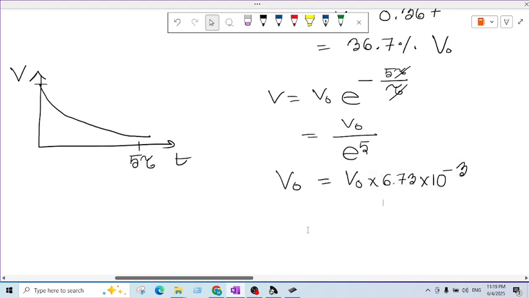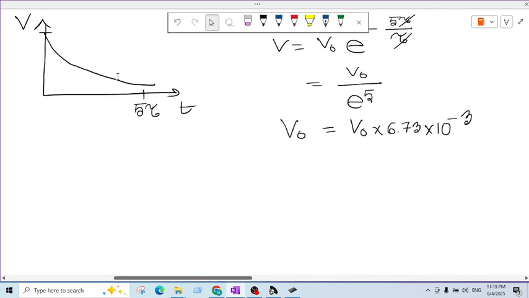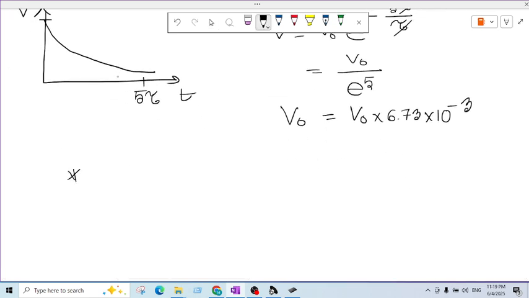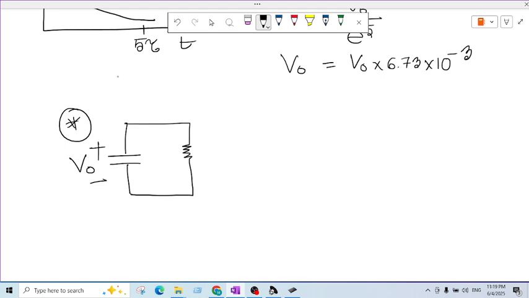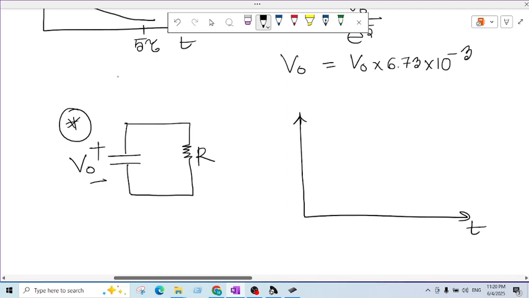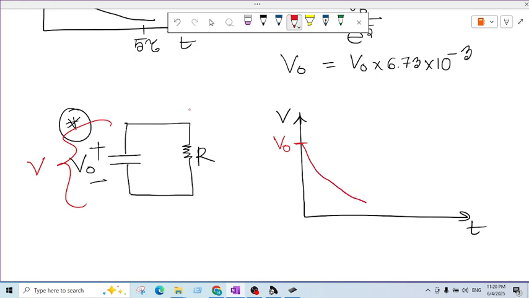Okay, let's give a practical example here. Let's say the capacitor has initial charge V0 and it is connected with a resistance at time t equal to 0. If I draw a graph of the capacitor's voltage versus time, I will see that initially the voltage is V0, but gradually it will decrease.